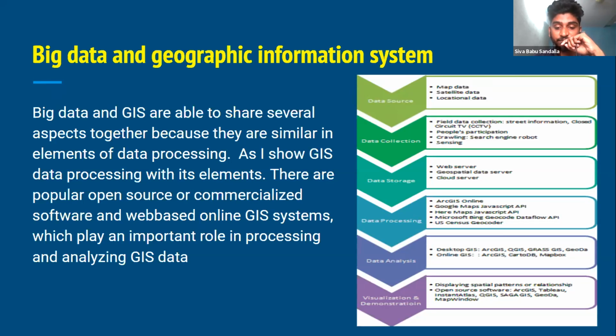Second, GIS collects field data such as street information, closed circuit TV like CCTV, or other location-based databases. If a database does not provide location information, GIS techniques should perform a geocoding process to convert it into GIS datasets. People's participation is also an important way to get GIS data. So participatory GIS systems become a significant field of GIS.